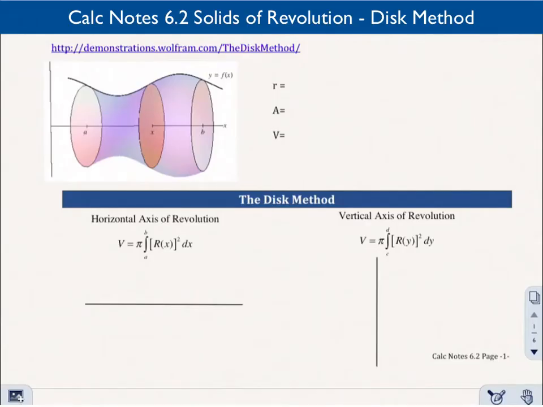Okay, so let's just make sure we jot this down, that the radius of our cross section is right here, and the radius is going to equal f of x, and the area of the circle then is going to be pi times the radius squared, which was f of x.